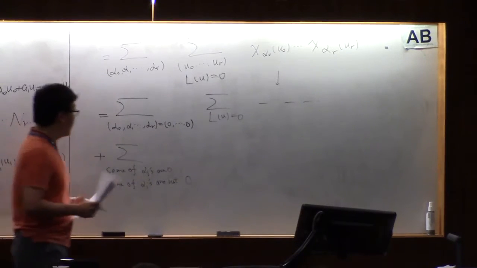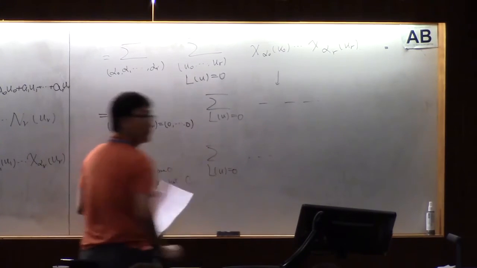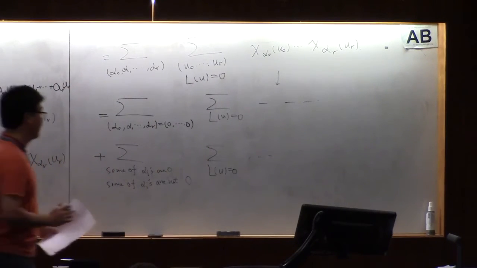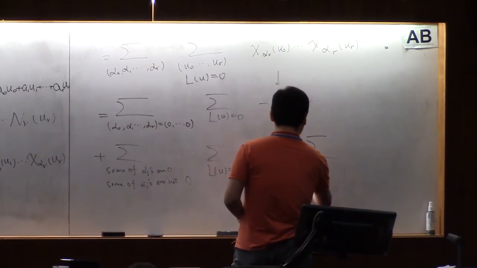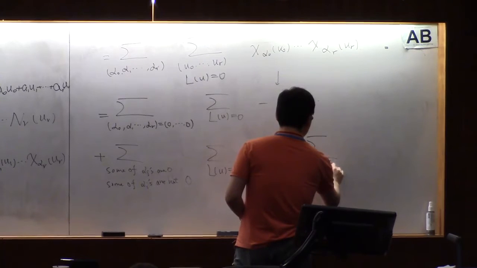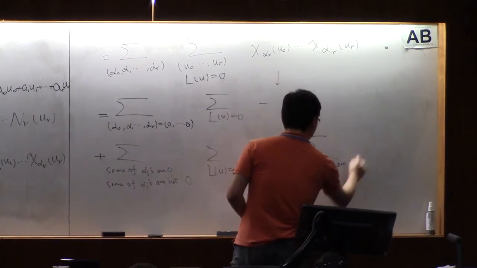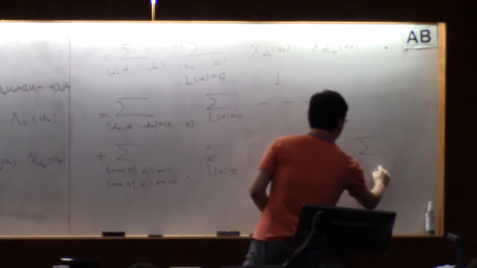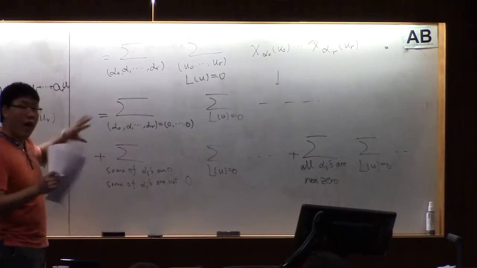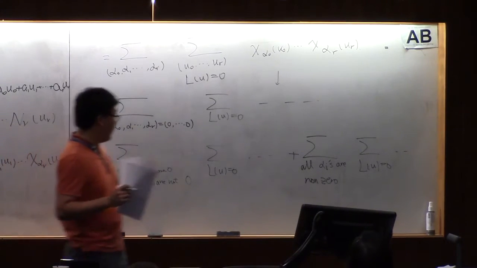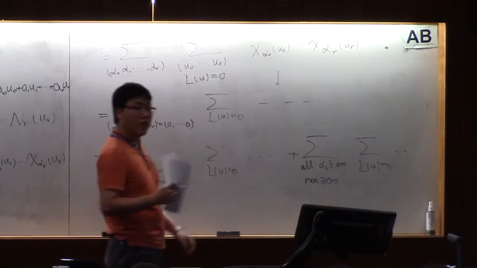Okay? Then again, we have the inner summand. Finally, you take the sum for all alpha i's such that none of the alpha i's are 0.